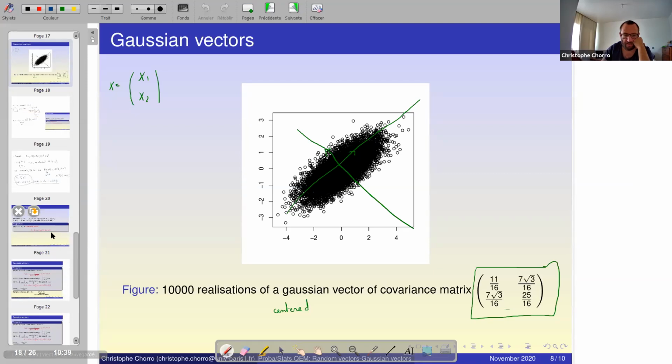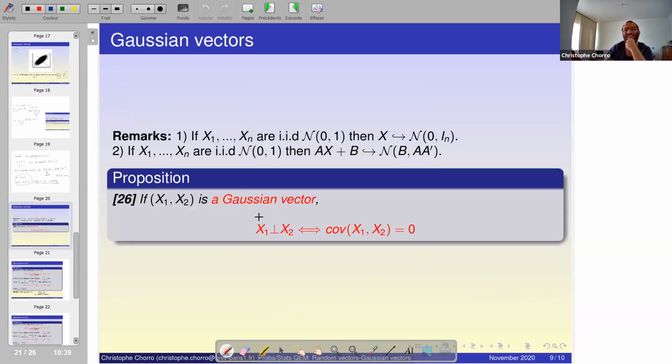There is a last thing to see in this slide. That is probably the most famous and interesting property concerning Gaussian vectors. Keep in mind that when I defined the covariance, I said to be careful: independence implies covariance equal to 0, but in general I don't have the converse.